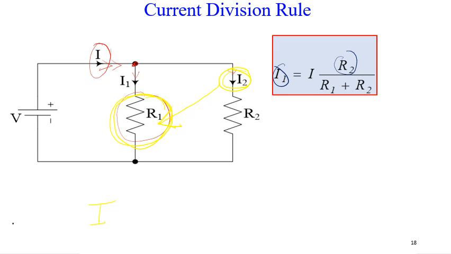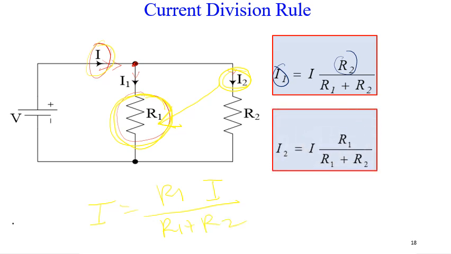So we multiply the total current by R1, so it becomes R1 times the total current all over the sum R1 plus R2. This gives the current flowing through the second resistor, R2. These are the two formulas that you need to know how to derive and use in your calculations when the need arises.